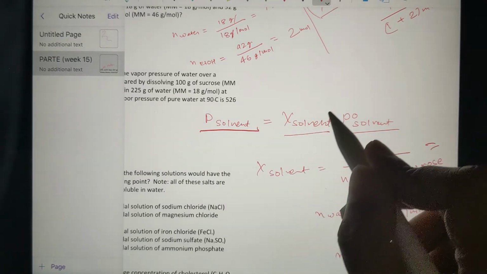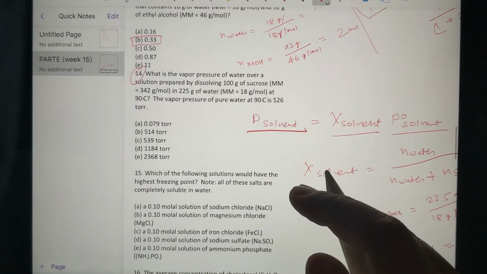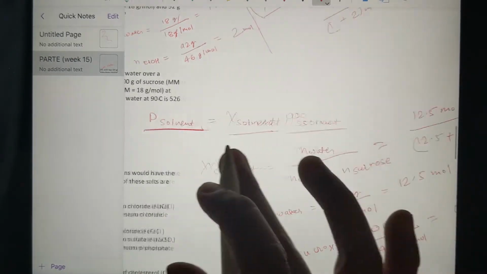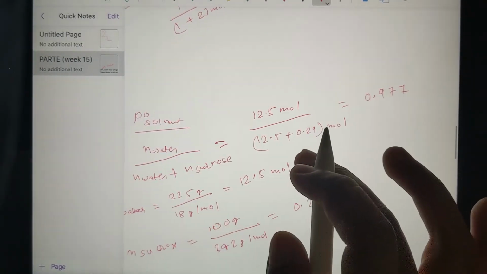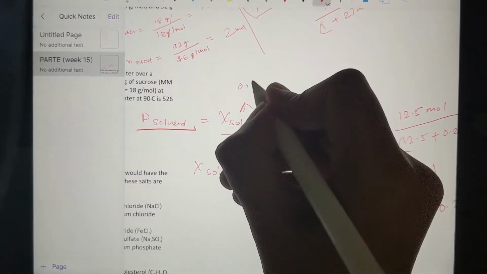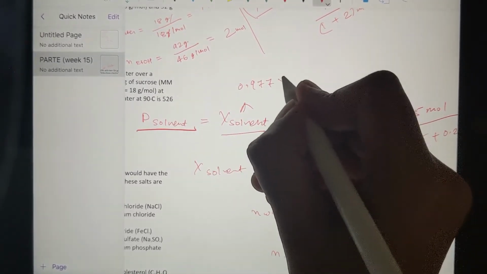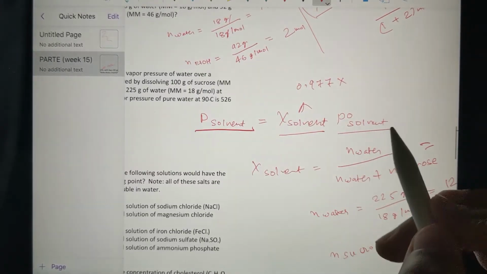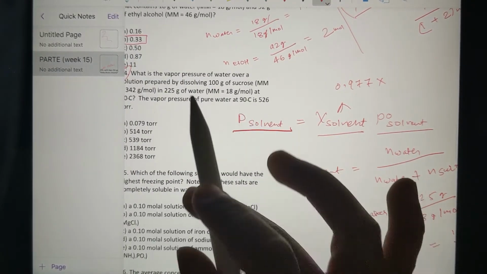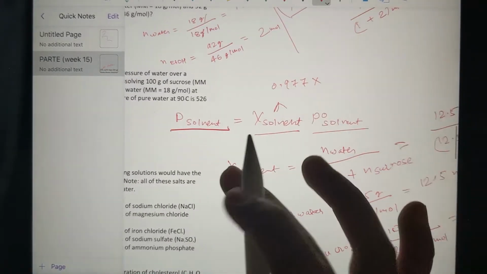So now you can put it in this equation. So simply you have mole fraction is 0.977, and you multiply by the vapor pressure of pure water. So you have here 526 torr.